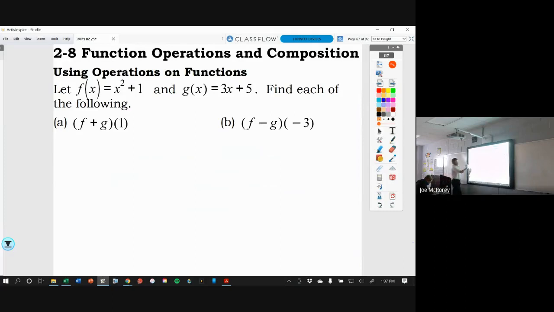Again, what that means is, what is f of 1 plus g of 1? Which means I'm going to take that f function, and anywhere there's an x, I'm going to replace it with a 1. So there's the f function: 1 squared plus 1, plus the g function, which is 3 times 1 plus 5.